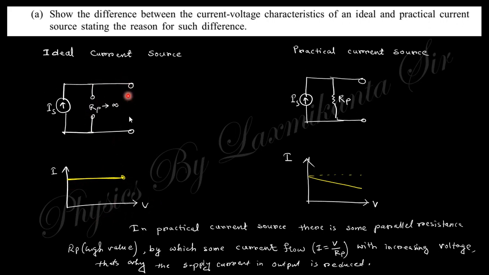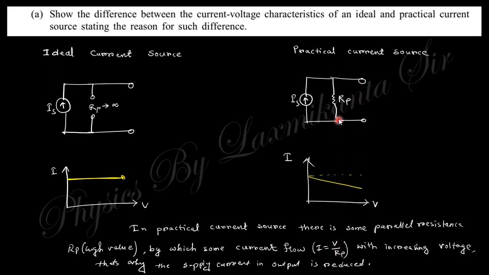If you measure at any voltage here, you get the same current throughout. But in the practical source, with increasing applied voltage, the current through the parallel resistance RP increases, since the voltage across the resistance is increased.